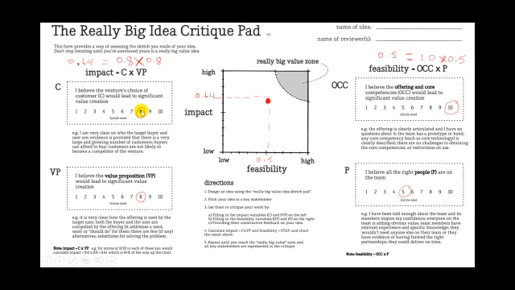So step one in completing this critique pad is you put the name of your idea. Have the reviewer place their name here as well, whether it's the industry expert, or the class group, or even the third person, which is the academic or the lecturer.